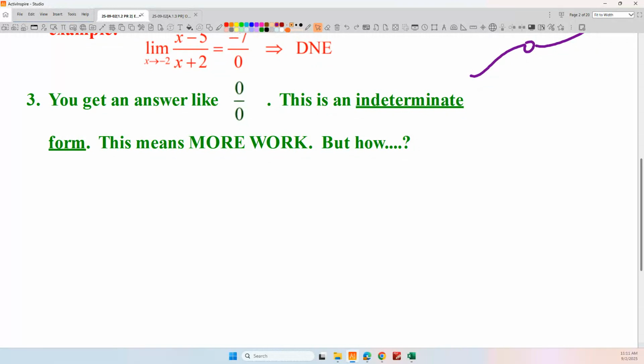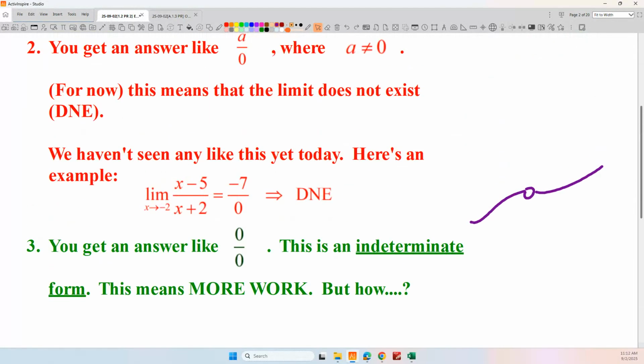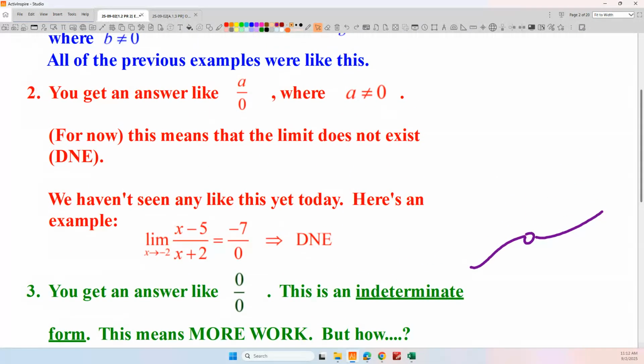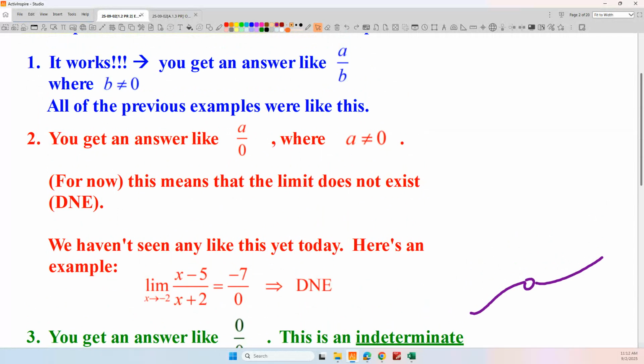What does that mean? It means more work, but how? So we've got to resolve that indeterminacy. The third type of answer ultimately is going to be resolved into one of the first two. Either we're going to get a numerical answer and the limit exists, or we might find out it doesn't exist. Okay?